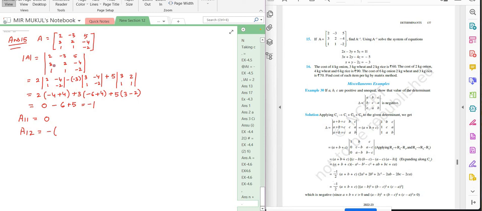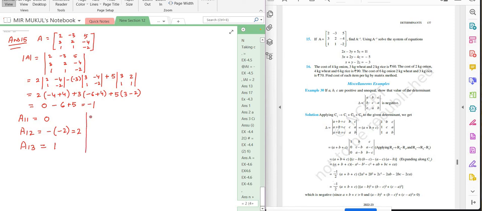So if you are considering this, then here minus 6 plus 4. It is minus 2, that means plus 2. Then A13 will be positive. So here 3 minus 2 is equal to 1.